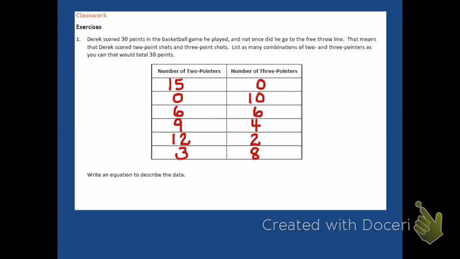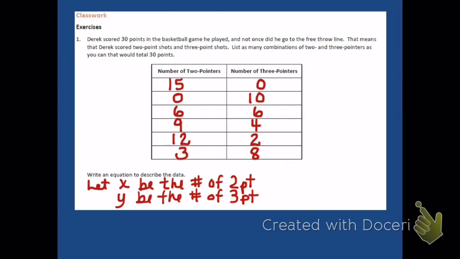Now, if I want to write an equation for this situation, I need to define my variables. So I would let x be the number of 2-pointers and y be the number of 3-pointers. Of course, you could have done it the opposite way, and that would be fine too, but I need to define my variables so that my equation makes sense. Every time I know the number of 2-pointers, I'm going to multiply that by 2.